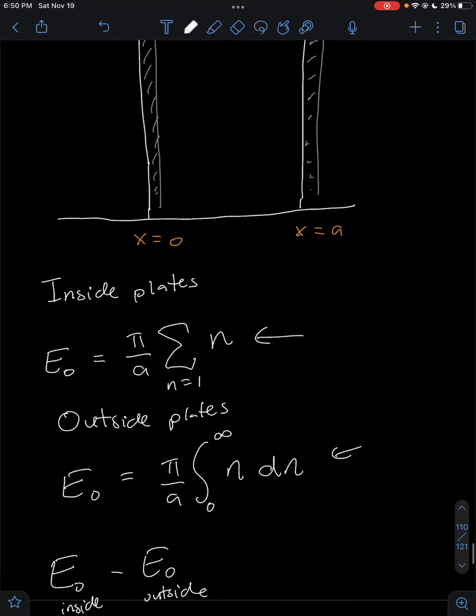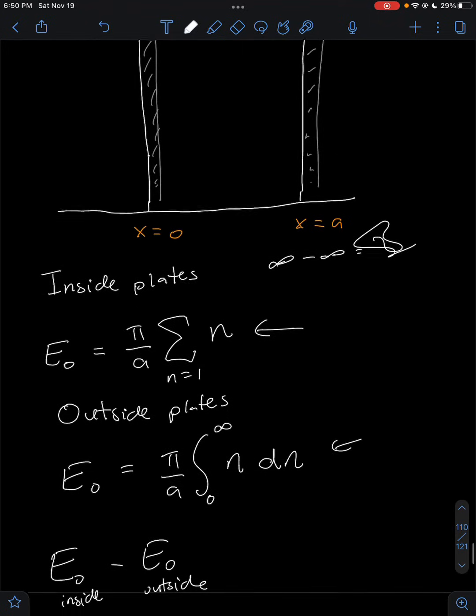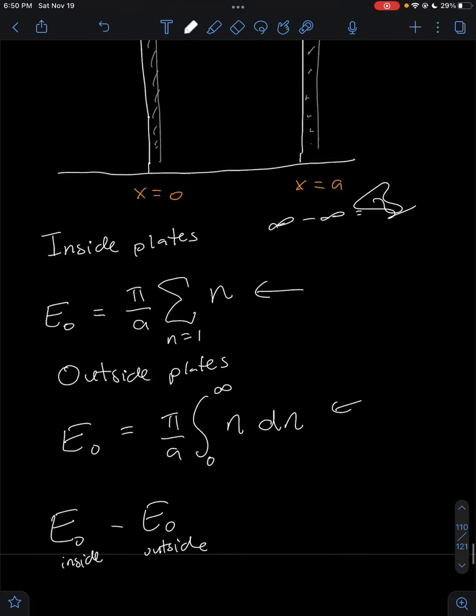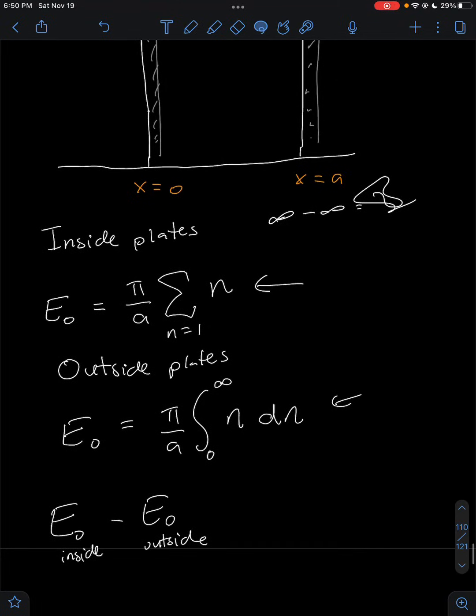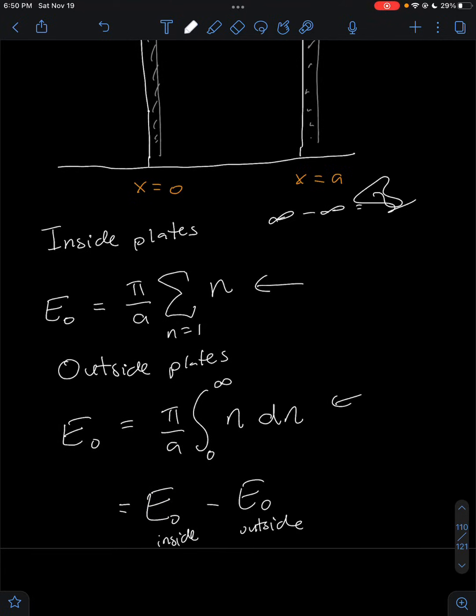Right now that's nonsense, since infinity minus infinity doesn't make any sense, but it's going to make sense down the line. So you want to subtract the inside energy from the outside energy. We're going to call that delta E for the change in the energy.